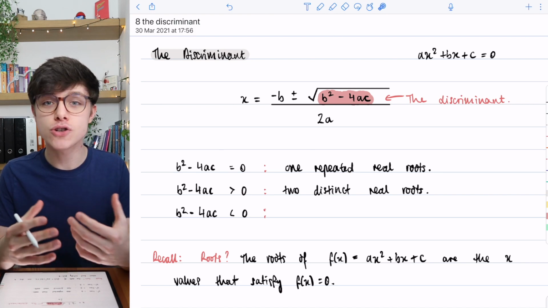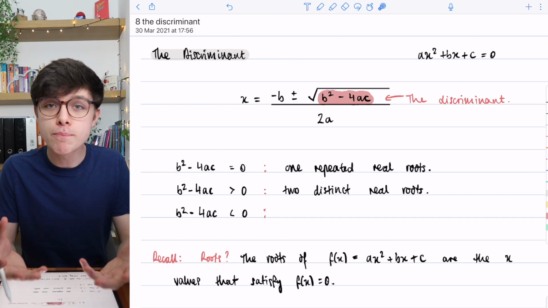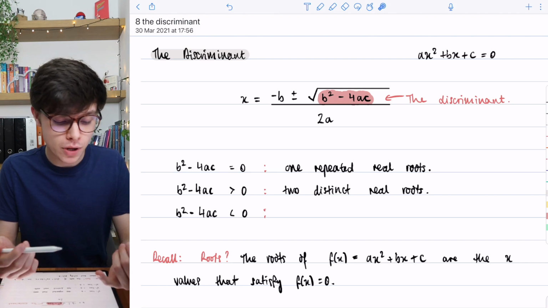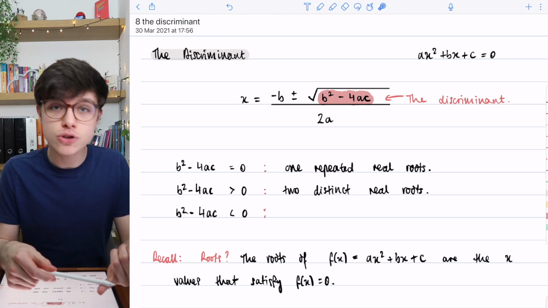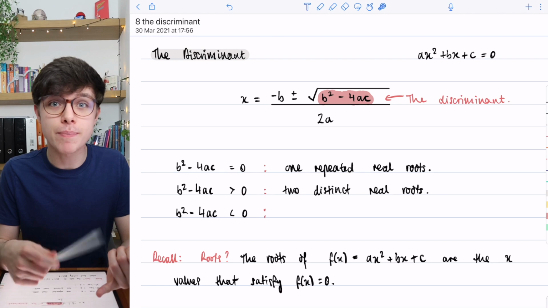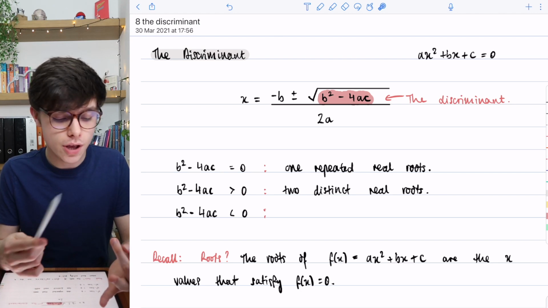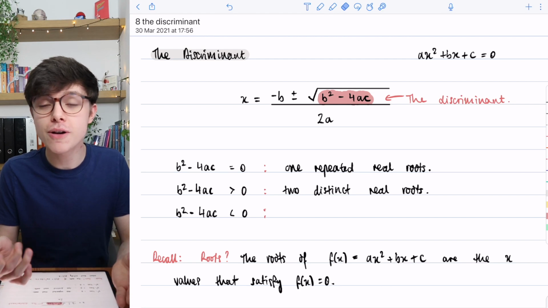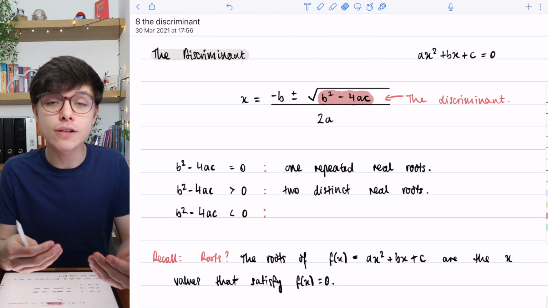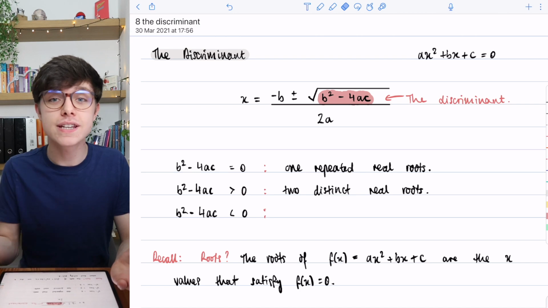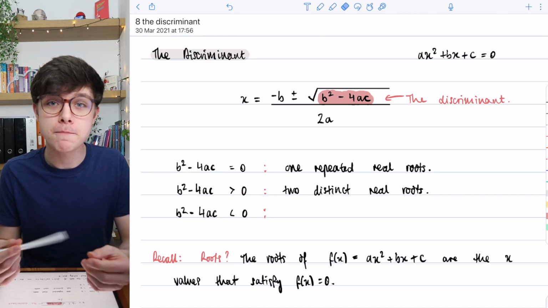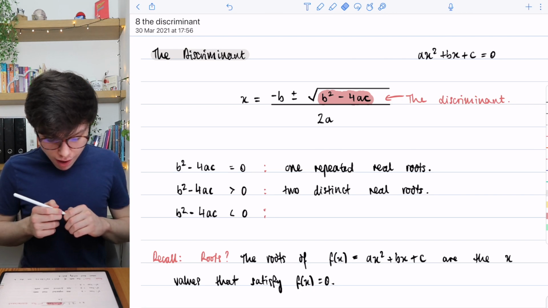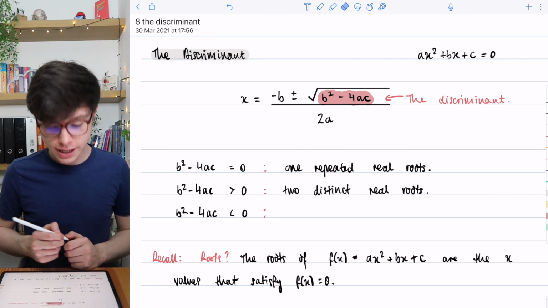If you think about it, try and give me a number that multiplies by itself to give me a negative number. Well, two positive numbers give me positive, so that's not going to work. Two negative numbers also give me positive. So we're not going to be able to multiply a number by itself, positive or negative, to give me a negative number.